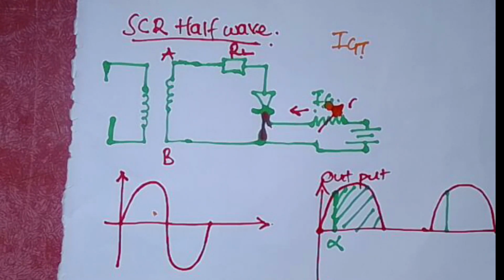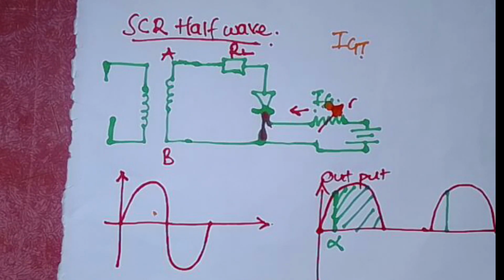Because if I put a very high resistance, it will act as if the gate is open. That's what you're trying to mean. Yes, exactly. Then if I lower the resistance, that means the gate will conduct, and the SCR will depend on the two voltage sources. That's what you're trying to mean.